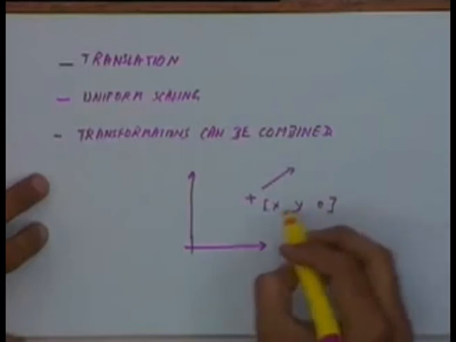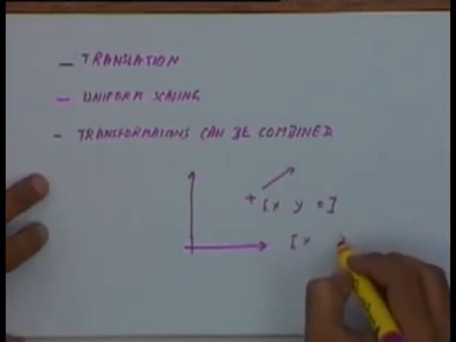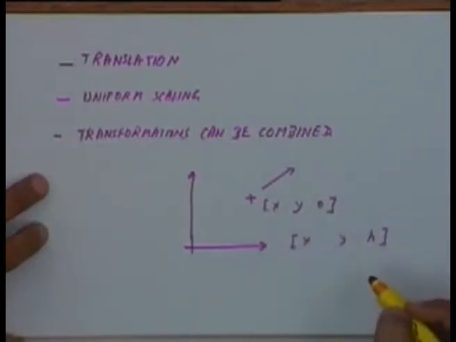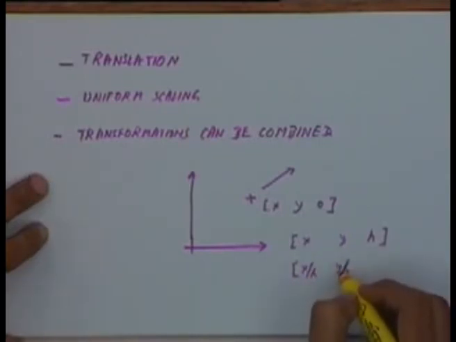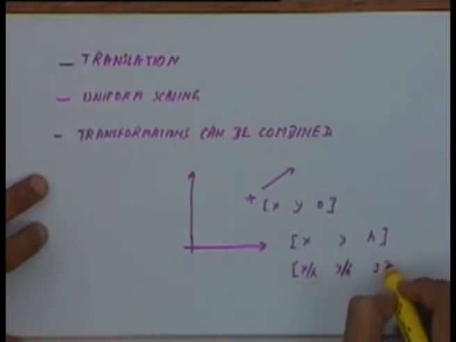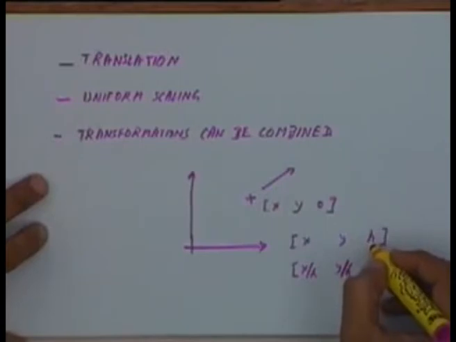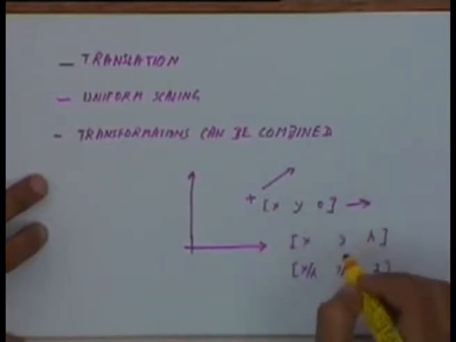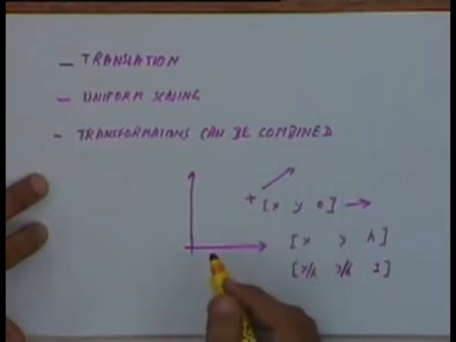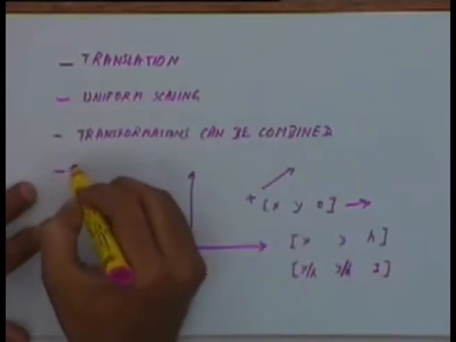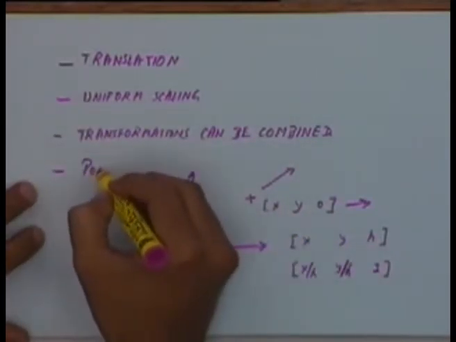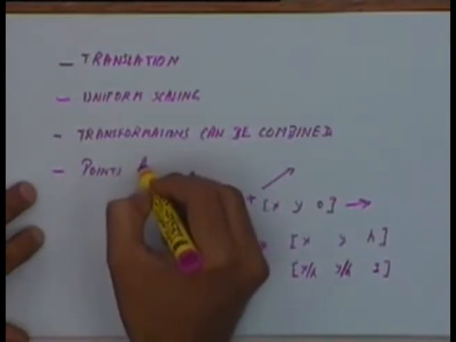Because we said that our homogeneous coordinate x, y, h actually corresponds to x by h, y by h and 1. So if this h is equal to 0, this point represents a point at infinity in the direction of xy. So another advantage of using homogeneous coordinates is that points at infinity can be easily captured.